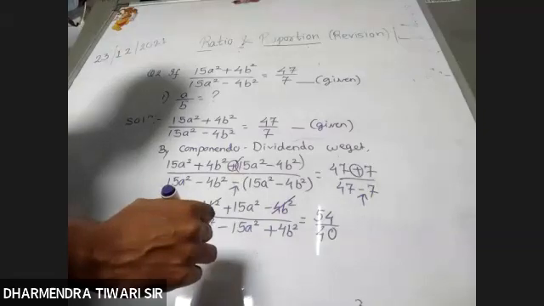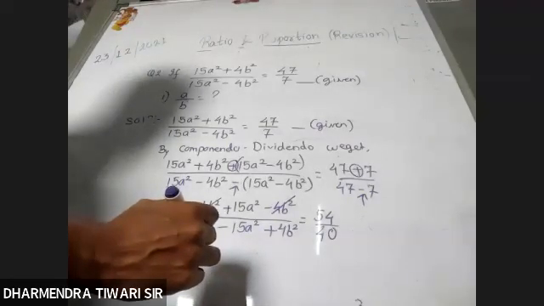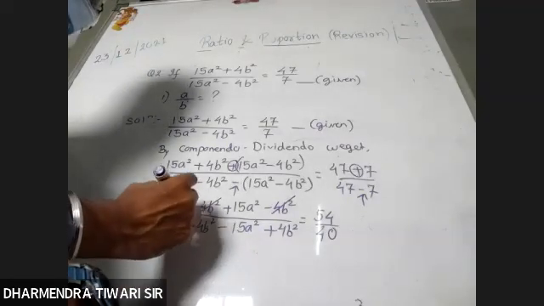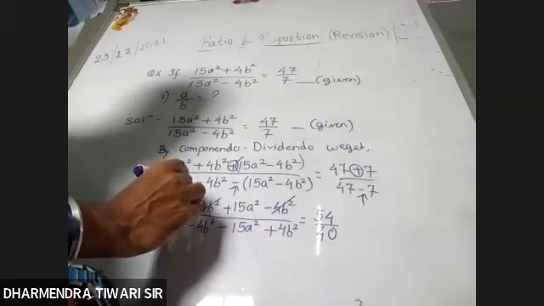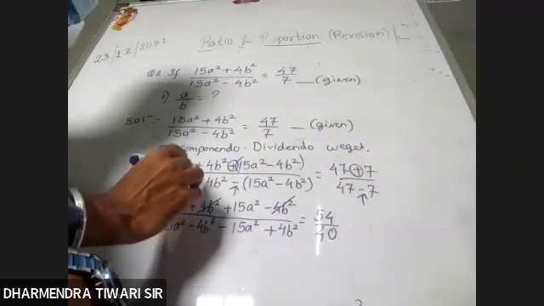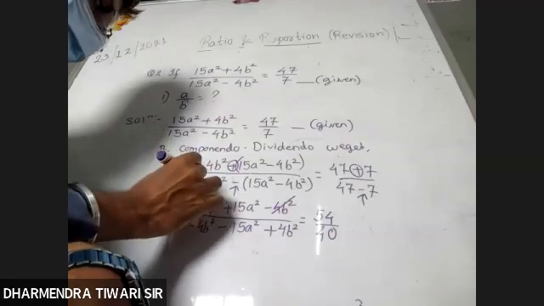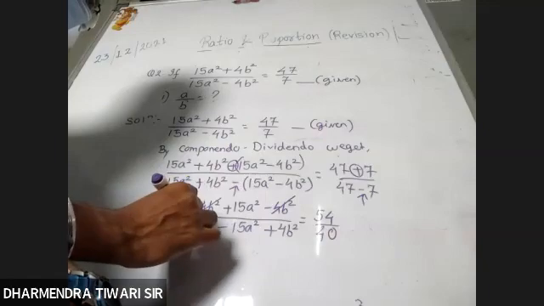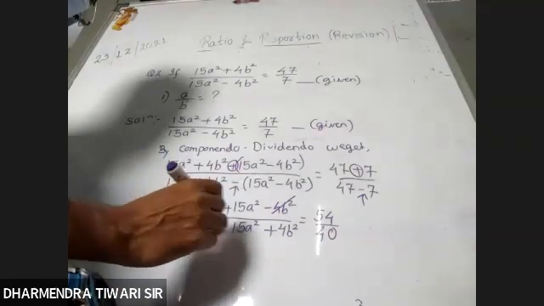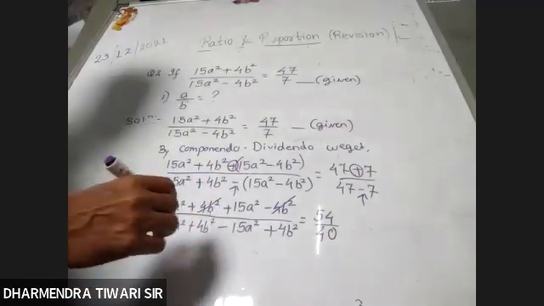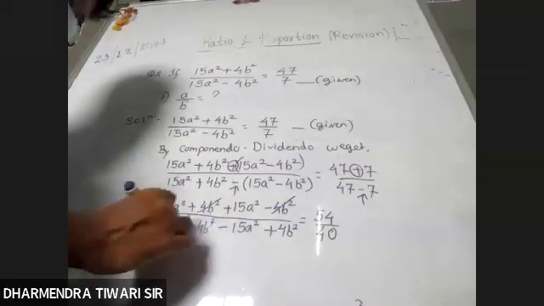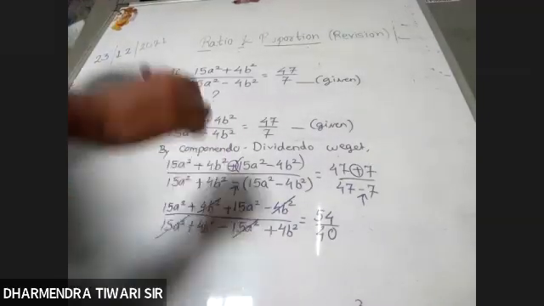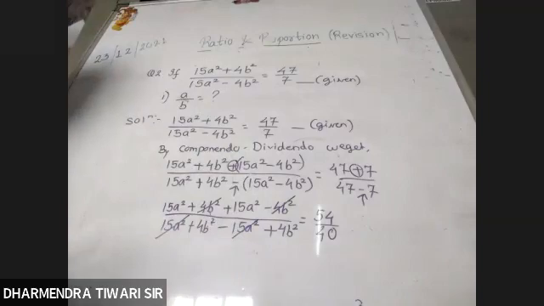What else is getting cancelled? As you can see, this is plus, by mistake I've written it as minus, but it's okay. So 15a square and minus 15a square get cancelled.